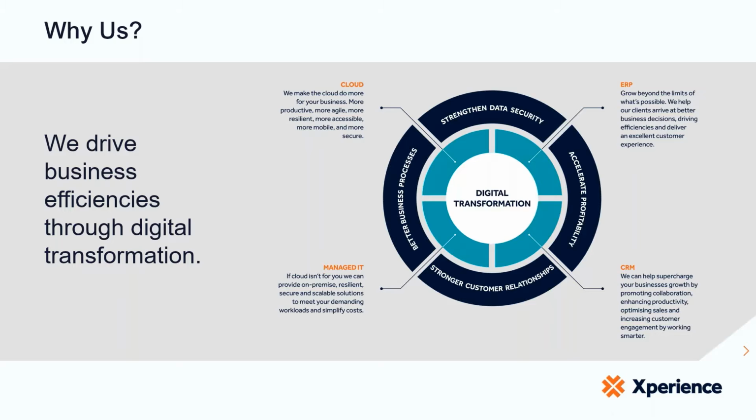There are four key areas to Experience: ERP, which is very much where what we're looking at today with Sage 50 sits, CRM, cloud, and managed IT. We drive business efficiencies by creating digital transformation, linking these key pillars together, be it hosting your Sage 50 in our data center in Enfield, integrating it to a CRM package such as Infor, Sage CRM, Act or Dynamics CRM, or managed IT supporting your on-site servers and infrastructure. It's about leveraging the full business ecosystem to get economies of scale and improve how data flows between your applications.